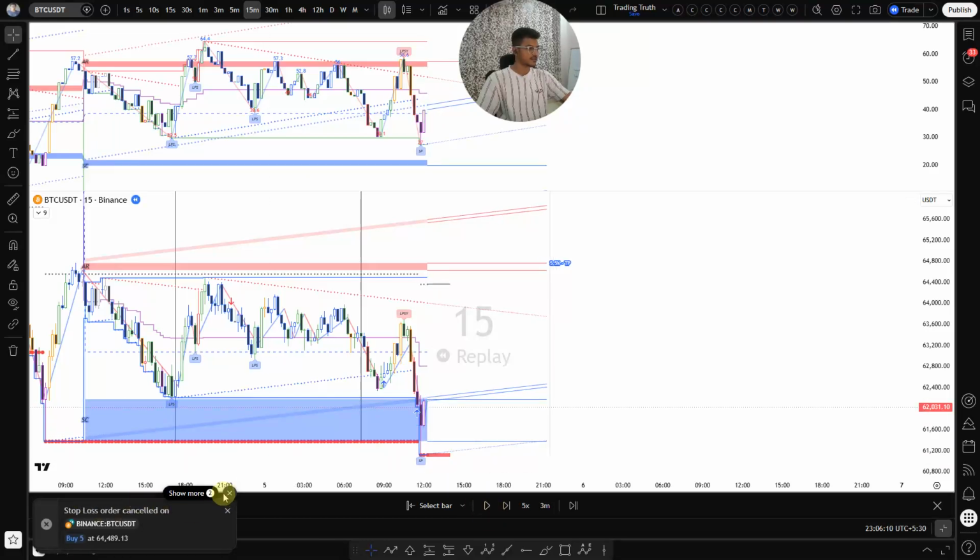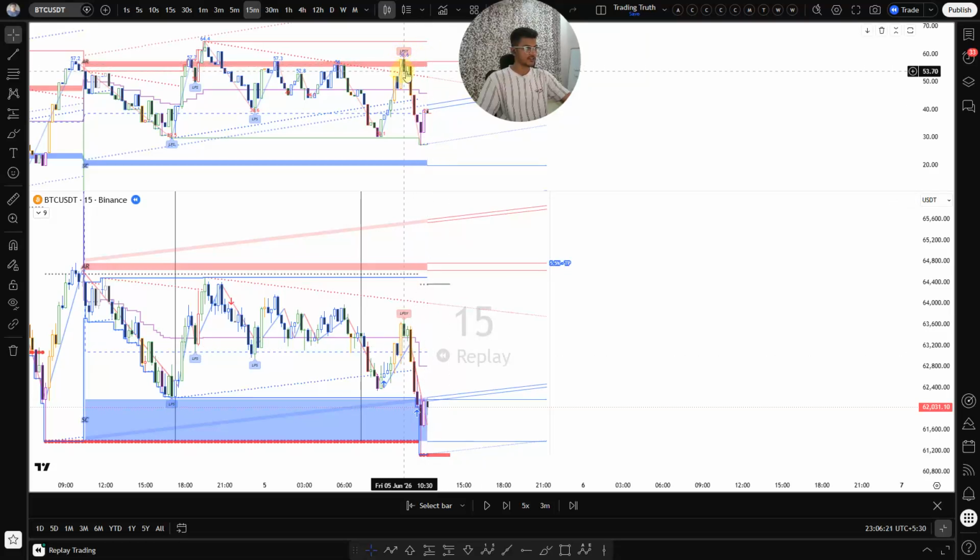Our TP got hit, and there was another trade on this candle, even this candle, if you like.